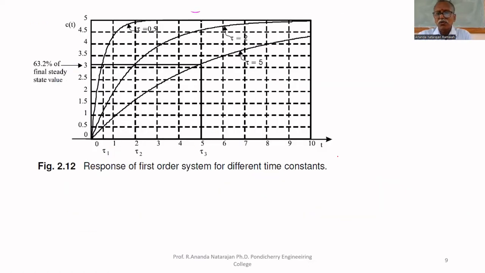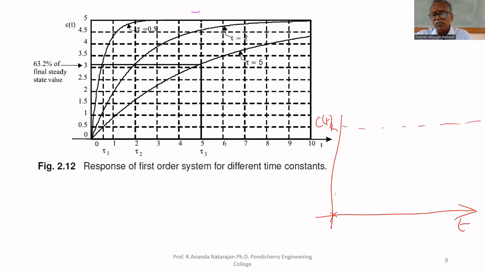So the step response C of t starts at 0 and ends at K. The response will look like this: up to infinity, it remains at K.